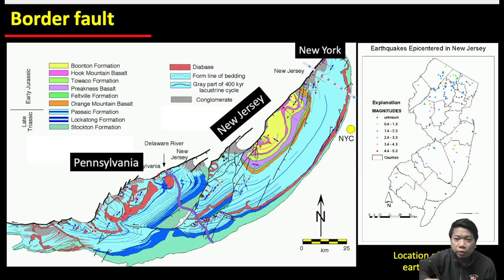And this is how the Newark Rift Basins look like across the three states. We only see maybe half of the basin in New Jersey, but the other half will be in Pennsylvania, and a little bit of it will be in New York. And this is how the basin looks like across the three states.